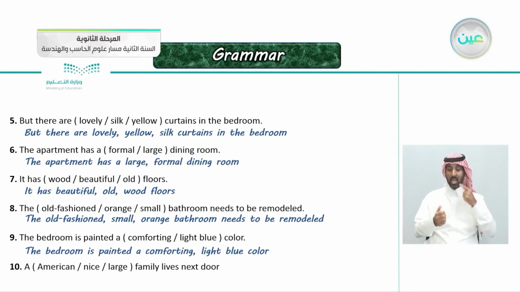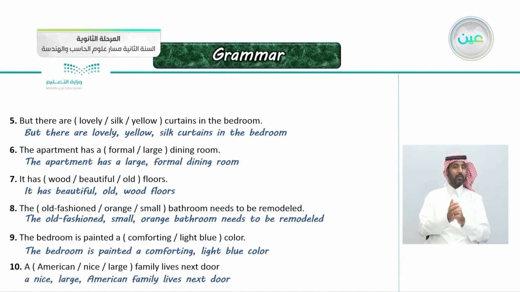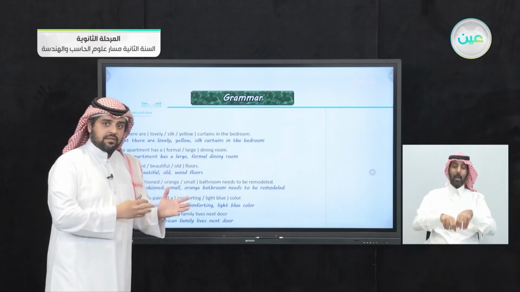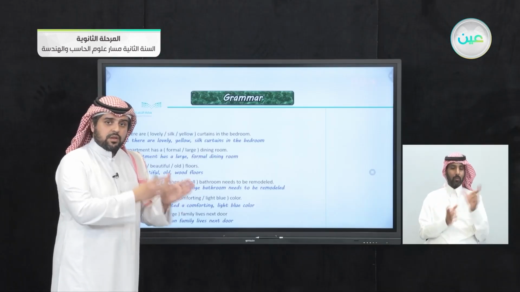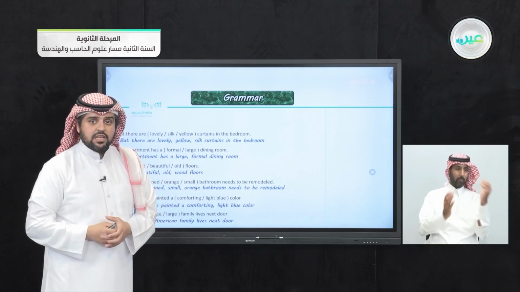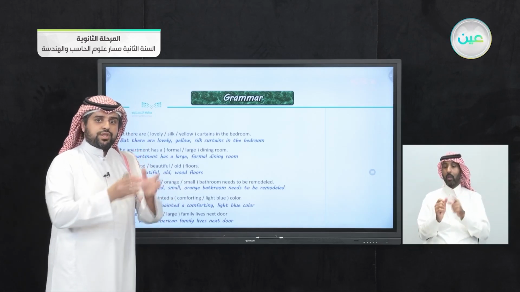So, yes, a nice large American family lives next door. A nice, opinion here; large, the size; American, the nationality; family lives next door. Now I think you got the hang of it. So you have to remember the correct order of the adjectives if you want to use 2 or 3 adjectives to describe something.